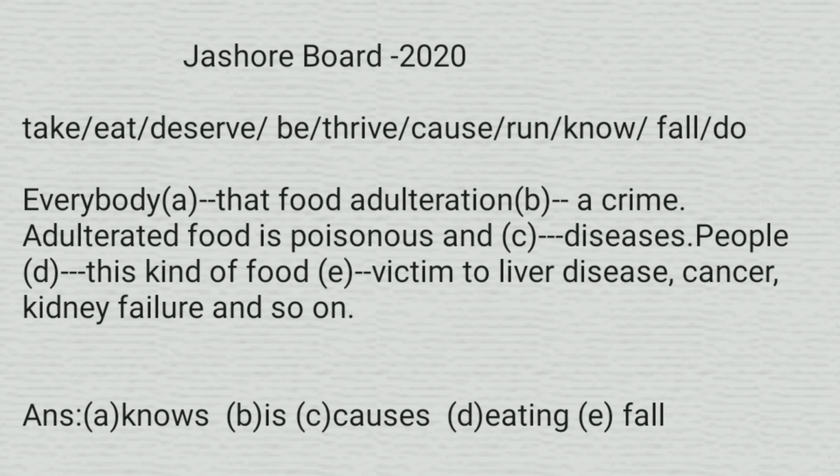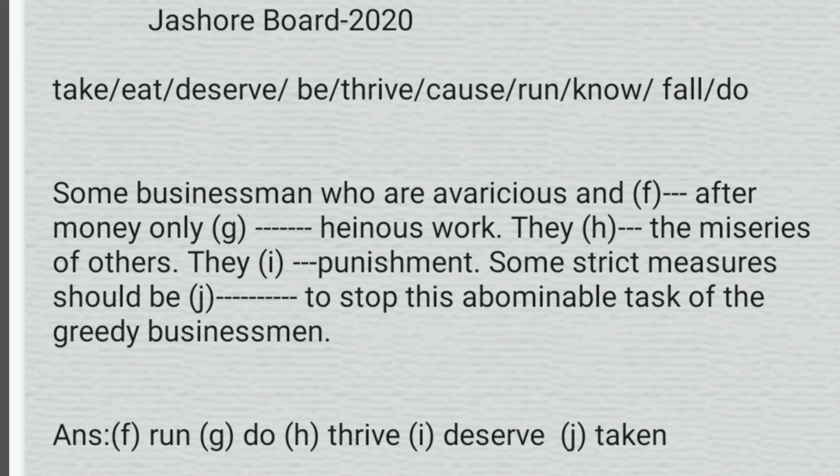The answer of D is eating. People eating this kind of food fall victim to liver disease, cancer, kidney failure and so on. Here the answer of E is fall.